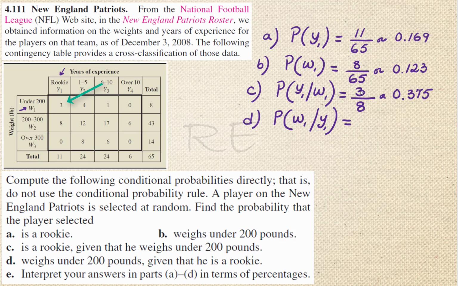So rookie and under 200, still 3 players, but the total number of rookies is 11. Therefore, 3 divided by 11 will be 0.273.